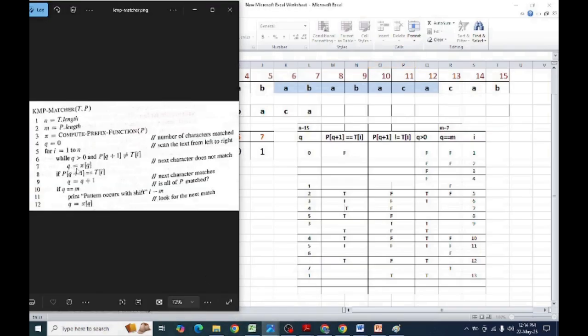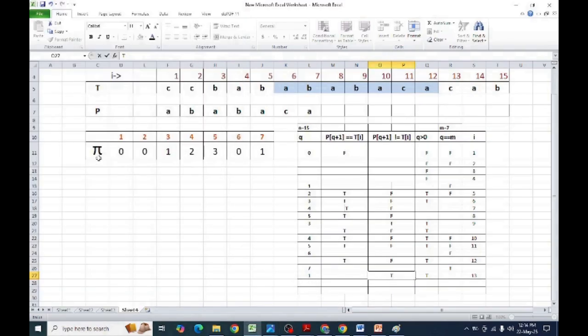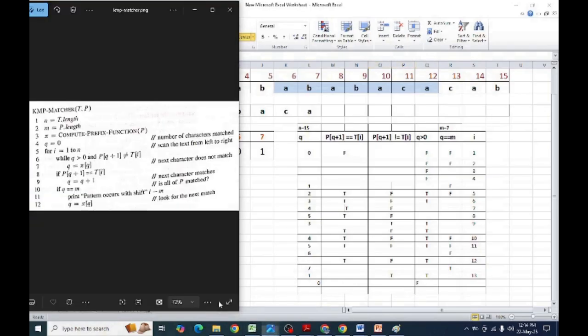Q will be updated to pi of q. What is pi of 1? See, pi of 1 is 0. So the new value of q will be 0. Then it will check again. Q greater than 0 fails, so the while loop will not work. We will be here in this if statement.